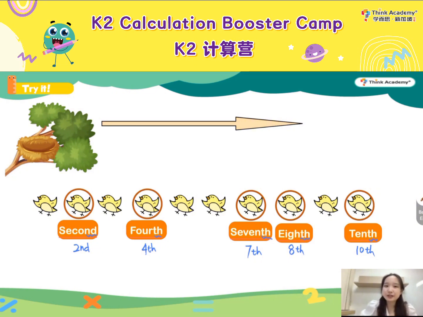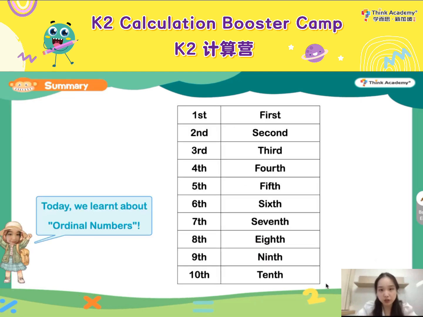Okay, so that is an amazing job to you. So these are all the ordinal numbers. Today, we've learned ordinal numbers. We use ordinal numbers to stand for the orders. We use them to tell the rank or the position of all these objects or people.